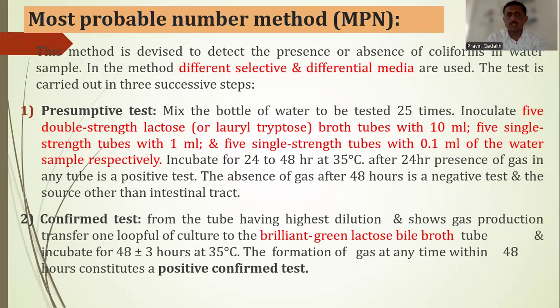So we have to inoculate 5 double strength lactose broth tubes. In the tubes which contain double strength lactose broth, we have to add 10 ml of water sample.